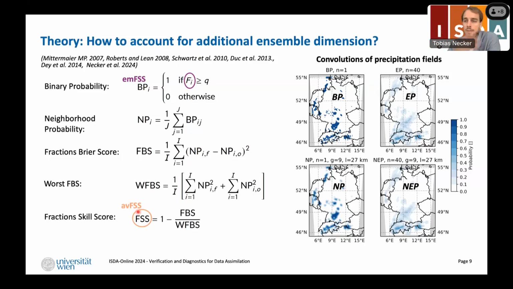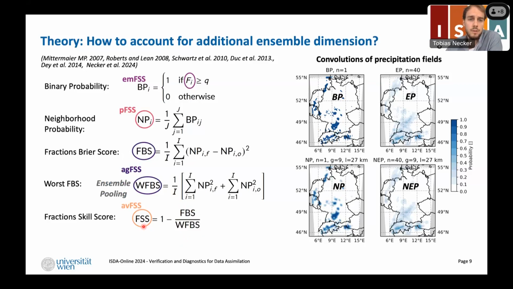So we get an ensemble of FSS values, which you can then also look at. This is another approach that has been used in the literature. One that hasn't been used is a different type of ensemble pooling. We can also compute the fractions Brier score and worst fractions Brier score separately for each member, plug them into this equation, and then compute one FSS for the entire ensemble.